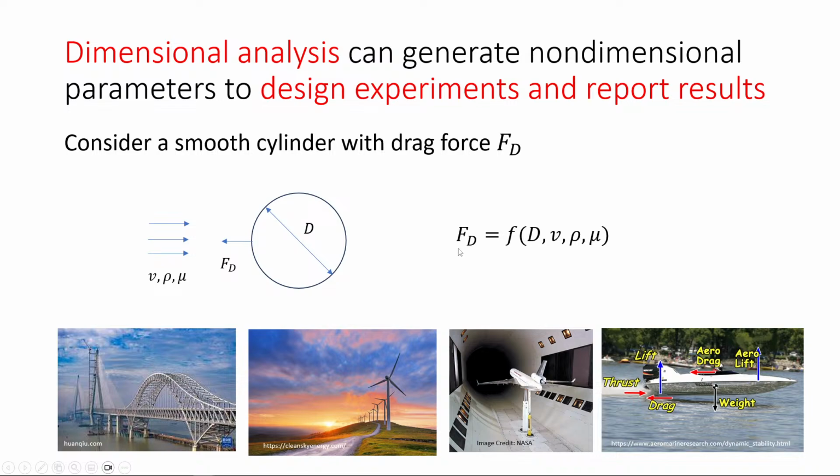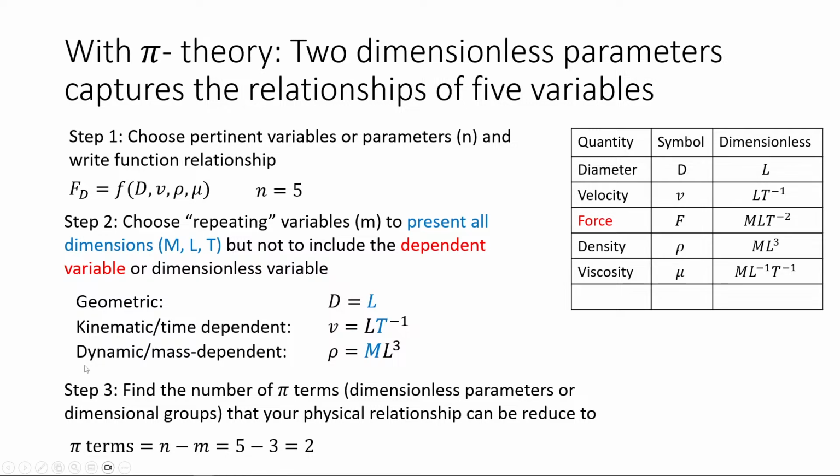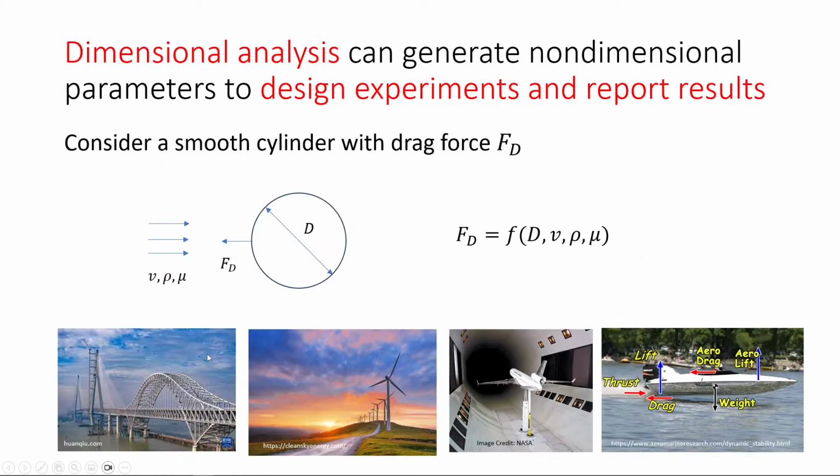So drag force is a function of diameter, something that has to do with length; velocity, something that has to do with kinematic similarity; and density and viscosity, something that has to do with dynamic similarity.